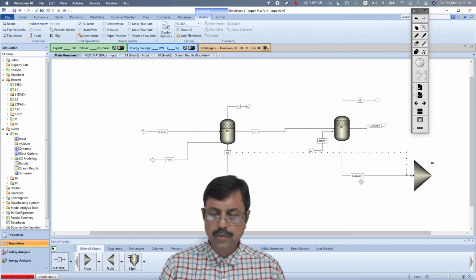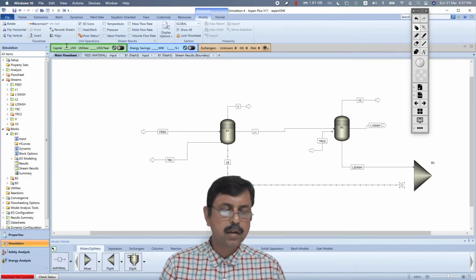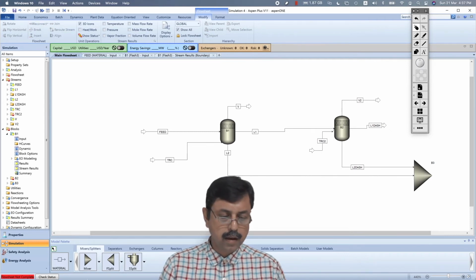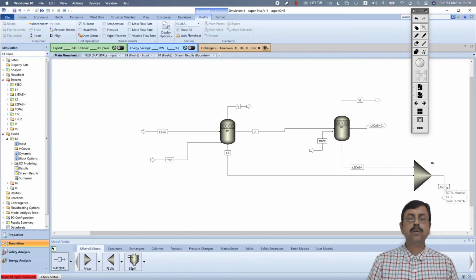Okay, so we have 2 connections, 2 inputs and 2 outputs. And the total of extraction, it is this one. We write total.